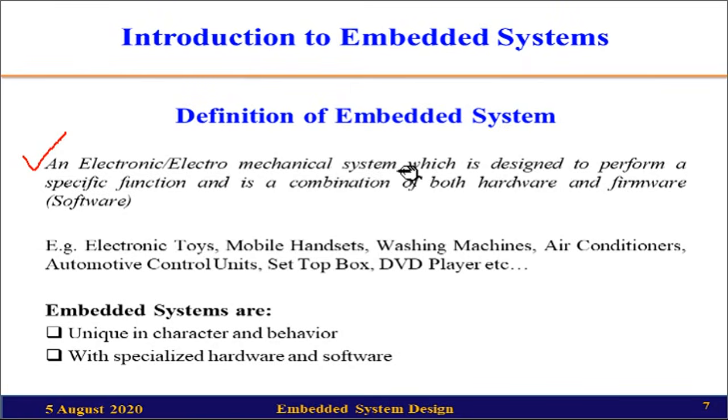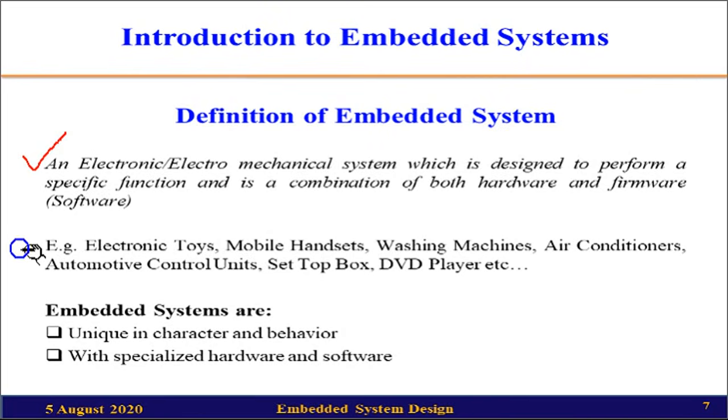The washing machine which we are considering is an electromechanical system, and it is designed to perform a specific function. As the washing machine is meant only for washing clothes, or the microwave oven is for heating food items or keeping food items hot. That is meant for a specific function, and it consists of both hardware and software. That is nothing but the definition of an embedded system.